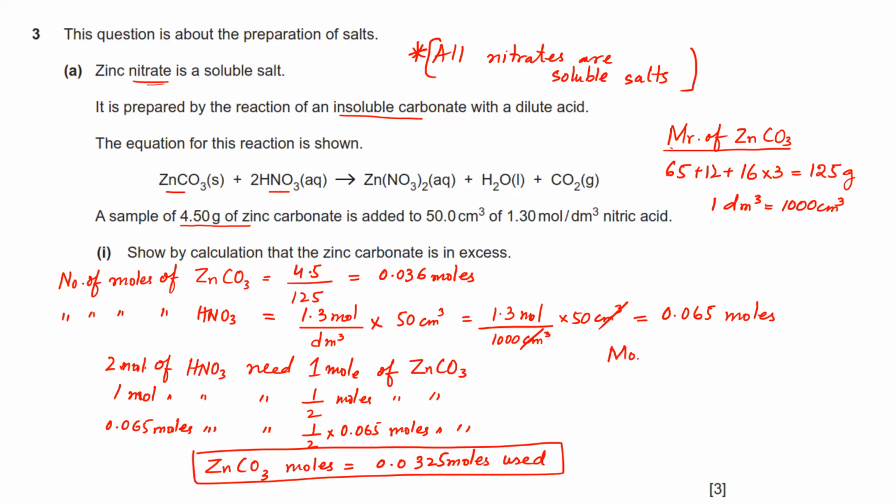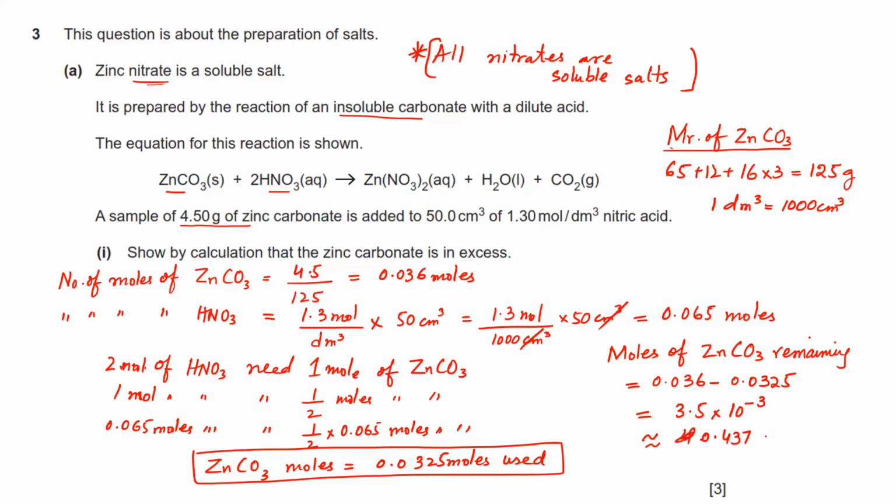So moles of ZnCO3 remaining: we have 0.0636 minus 0.0325. So the moles of zinc carbonate remaining are approximately 3.5 into 10 to power minus 3, or we can say that 0.4375 grams of ZnCO3 remains.